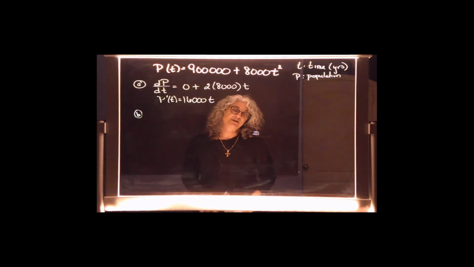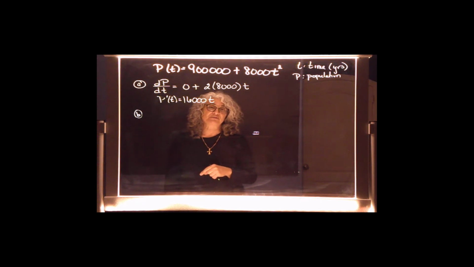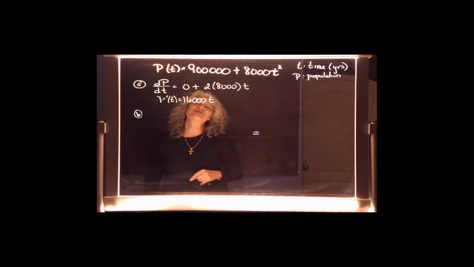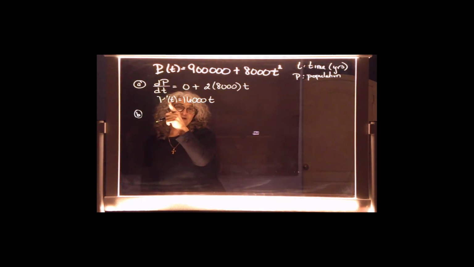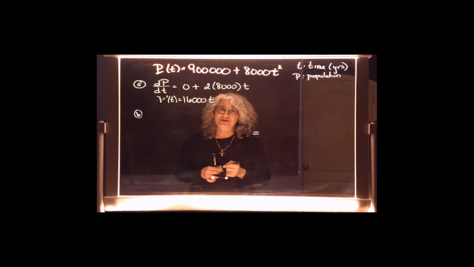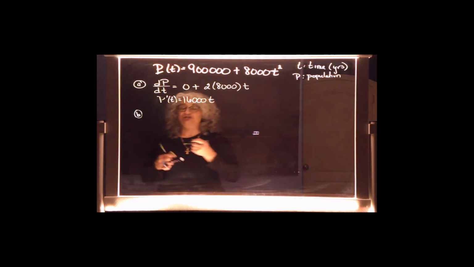So which equation am I going to use? If I want to know the actual population after 10 years, what equation are you going to use? Yeah, you're going to use the original equation, because the original equation represents the population. Remember, this one is the rate of change. I don't care about the rate of change, I want the actual population.